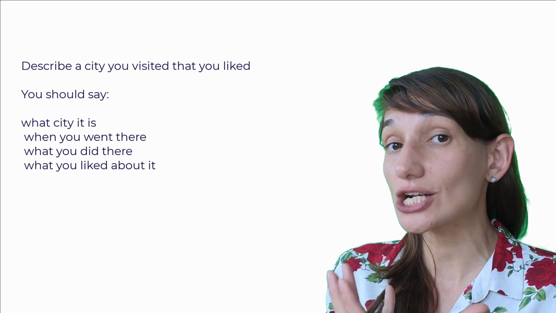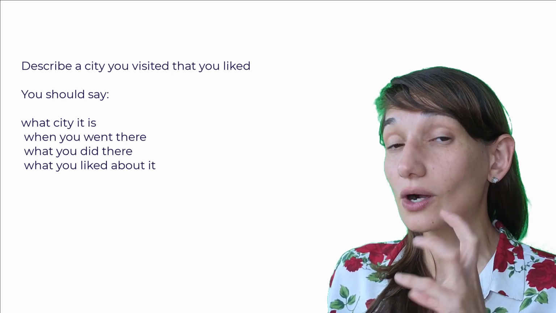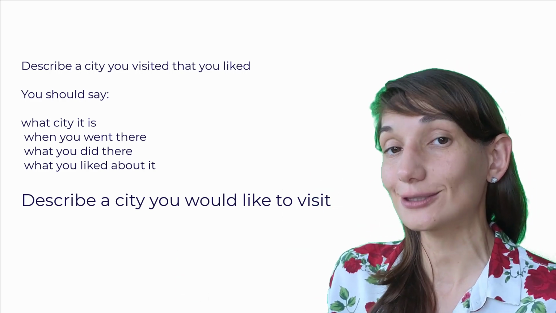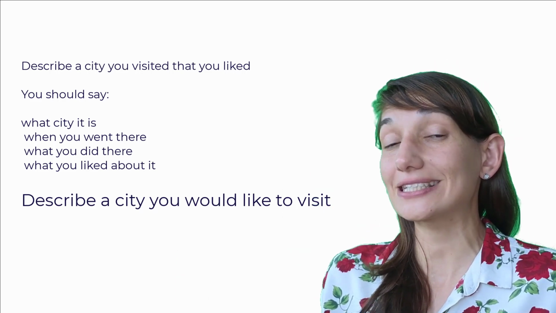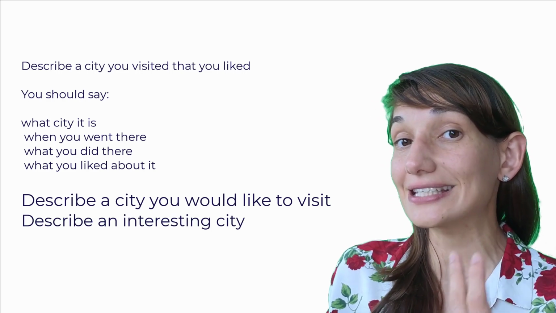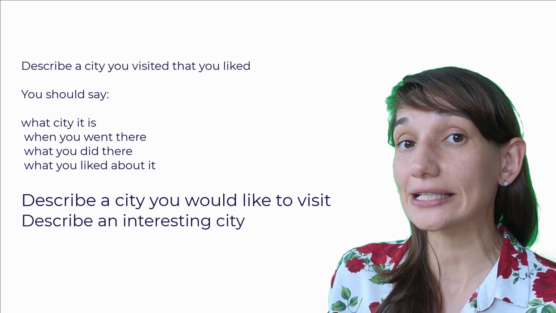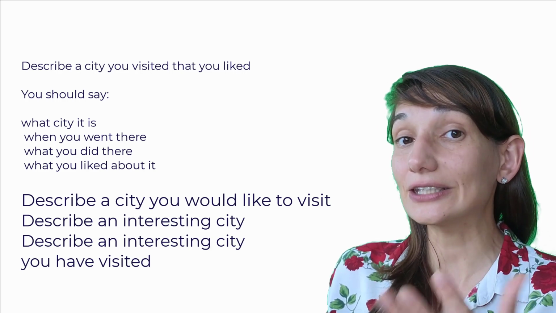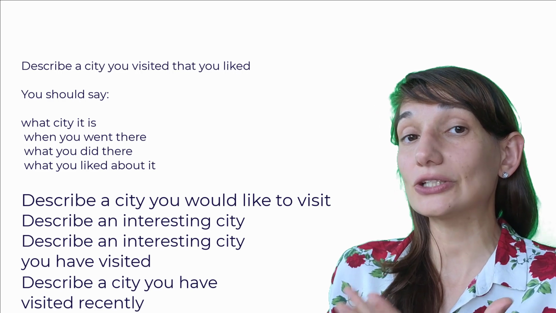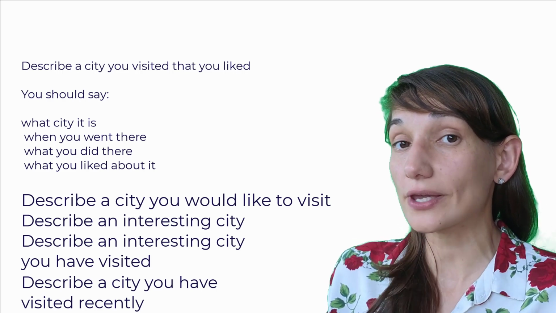There are many variations of this cue card. It can be describe a city you would like to visit, or simply describe an interesting city, or describe an interesting city you have visited recently, or describe a city you have visited recently. They require you to use pretty much the same vocabulary.